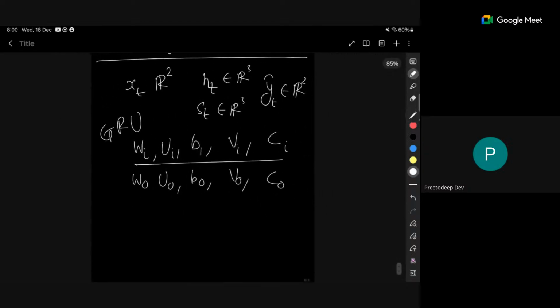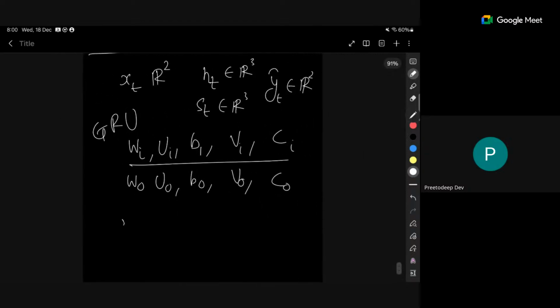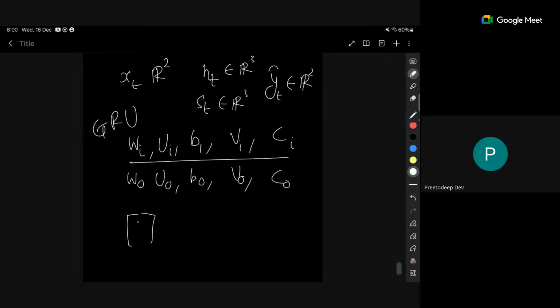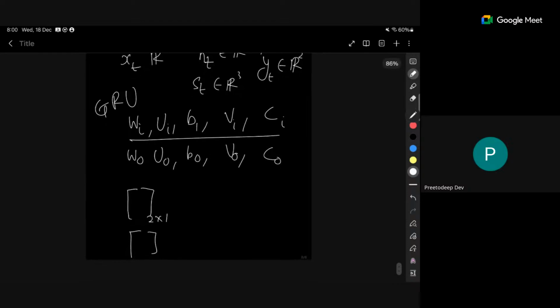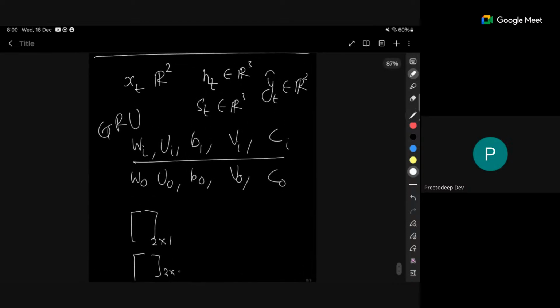Now I have an input of 2 dimensions, let's say 2 cross 1, and then ST or HT, which is 3 cross 1. Based on that, what will I get from the equation? I need to get ST first.